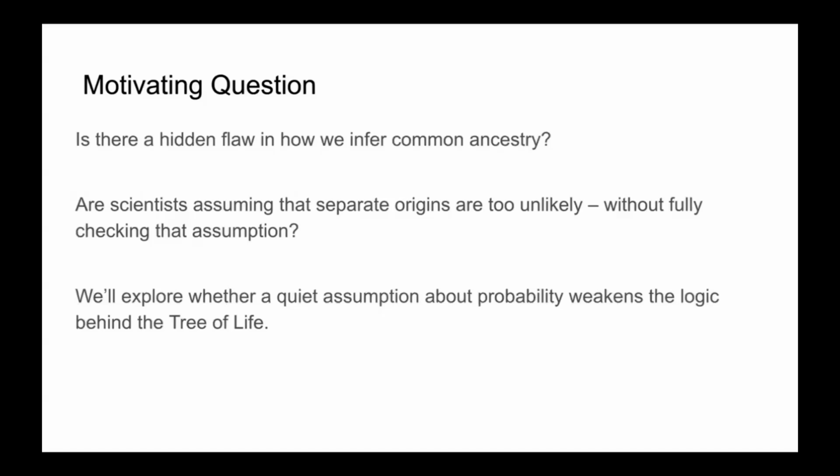Just to flesh that out more, what I'm asking is: we have maps and diagrams of these phylogenetic trees of species, and they've been arranged in a particular way. Is there an issue in the way we are inferring these similarities based off of homology? So essentially, when scientists conclude that certain species have a common ancestor, are they making an assumption about probability that we haven't really understood or examined?